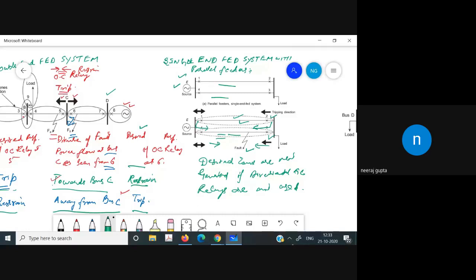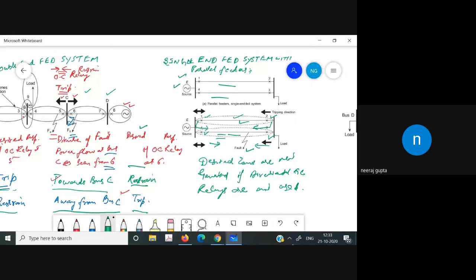So tripping direction is away from the bus, as we have seen in this example, and then definitely we can trip only those circuit breakers, so we will have the tripping at locations 2 and 3. However, at locations 1 and 4, a non-directional overcurrent relay can be used.